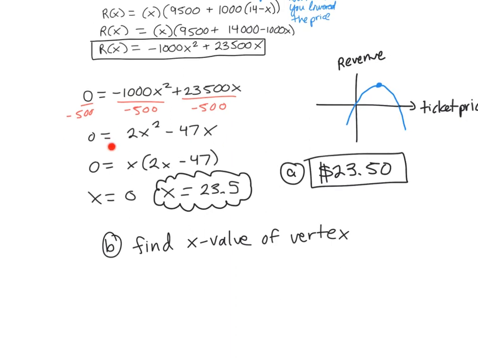So luckily, you know how to find the x value of the vertex. I'll use the vertex formula, and I'll even go back to our original equation right here. So we can say x equals negative b over 2a.